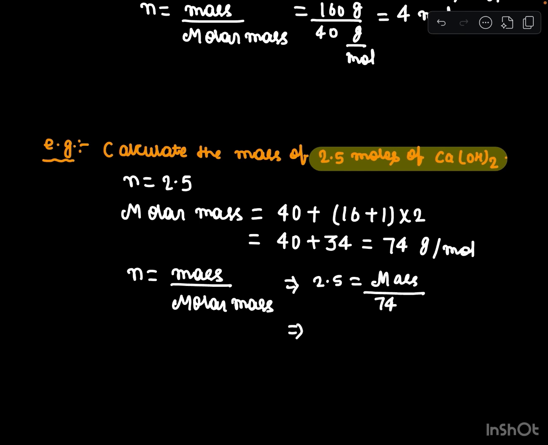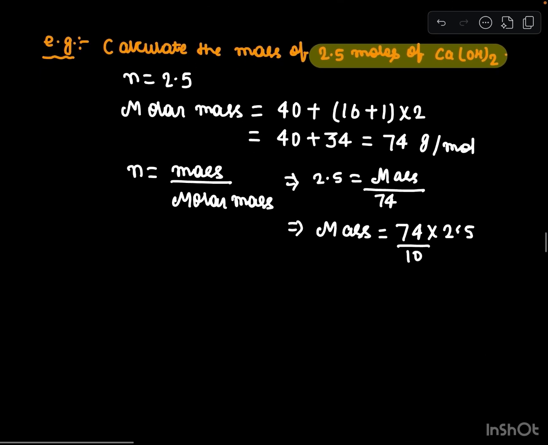On calculating, mass equals 74 into 2.5. Whatever mass we calculate will be in gram. So mass is 74 multiplied by 100 divided by 4 into 10.